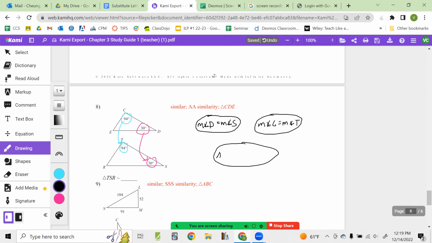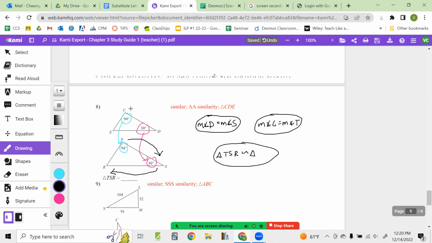I'm going to go triangle TSR, similar to triangle. So if we go T to S, we're going blue to pink, and then we go that way.